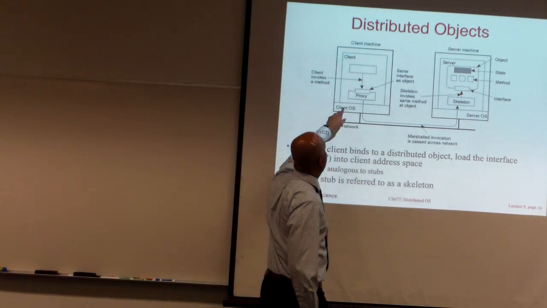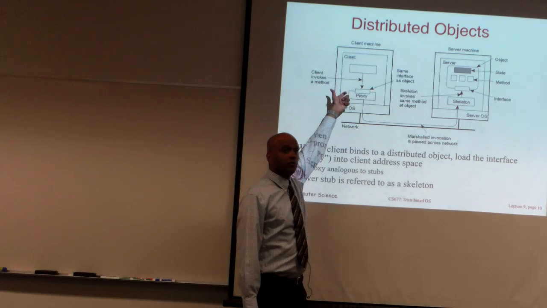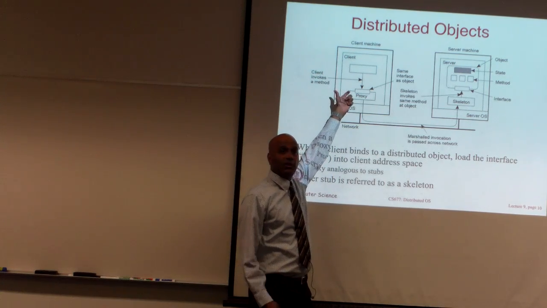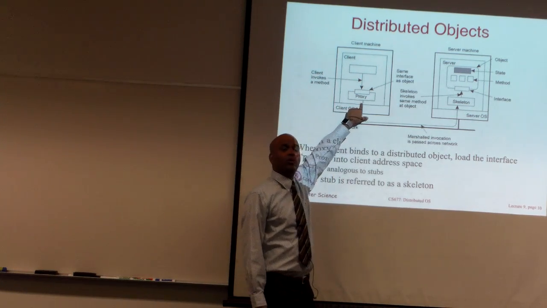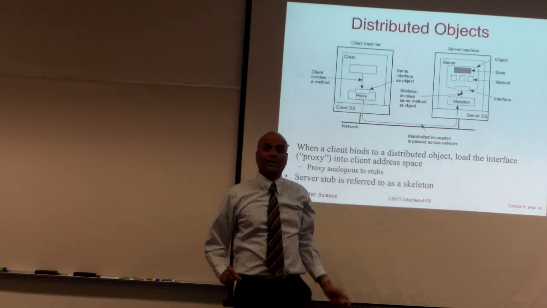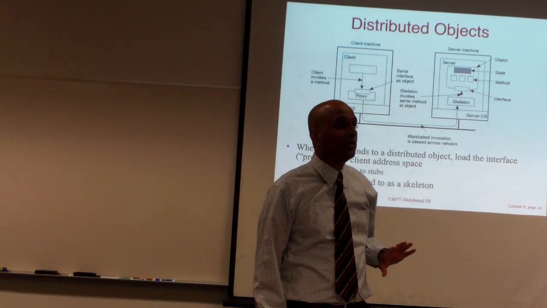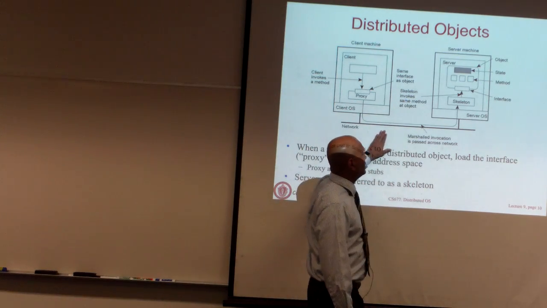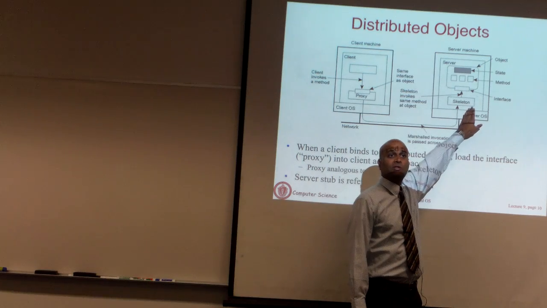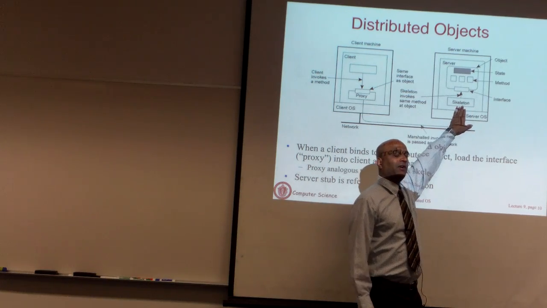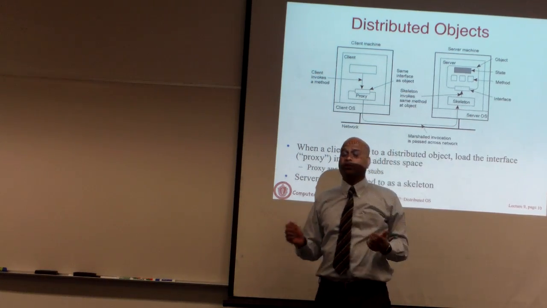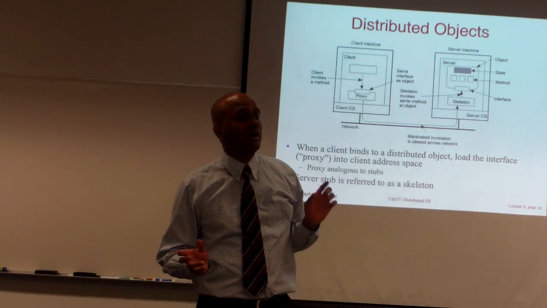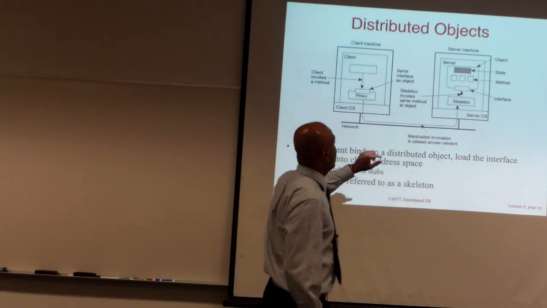What will happen in that case is the RMI call, which is a remote method invocation call, will come to the stub code. The stub will realize that this is a remote object, not a local object. It will construct a TCP/IP message. That message will be sent over the network to the server machine. It will arrive at the server stub. The server stub will unpack that message and call the method on that object locally.